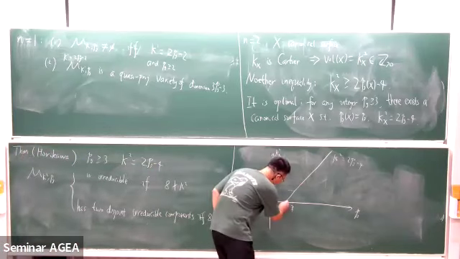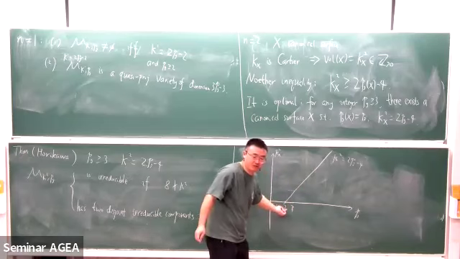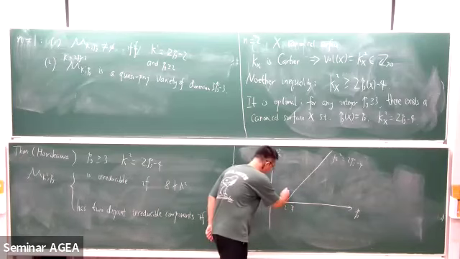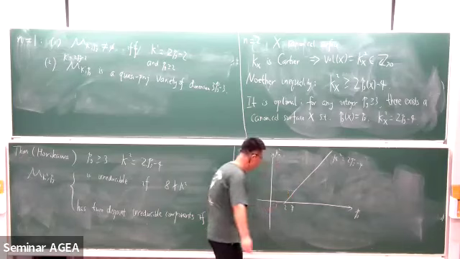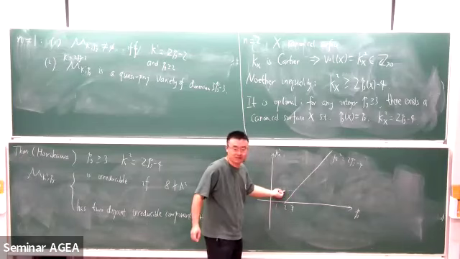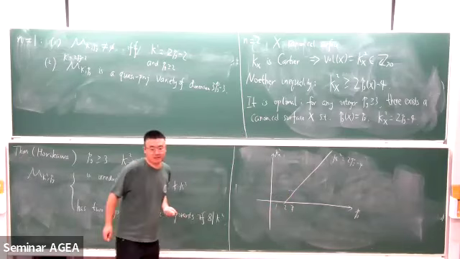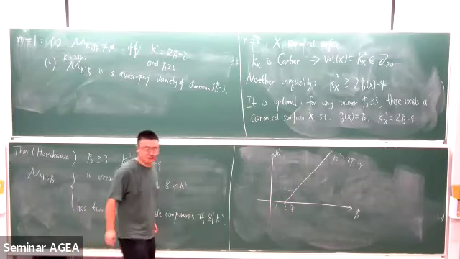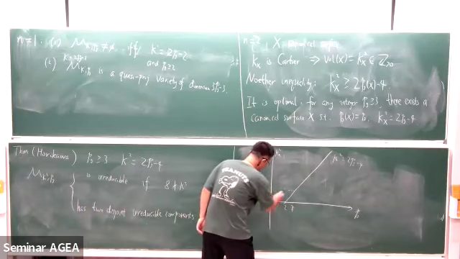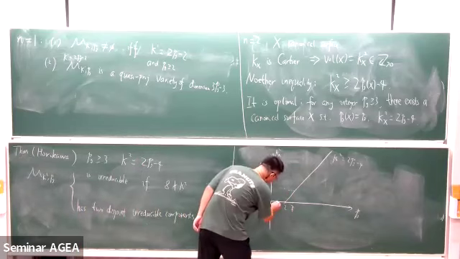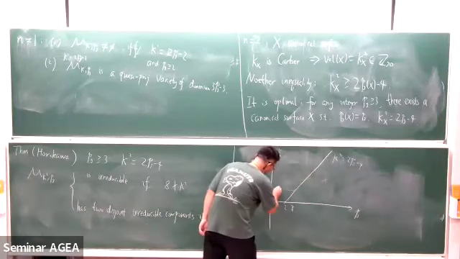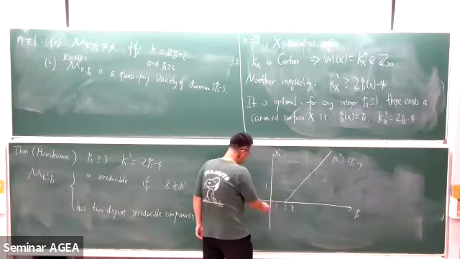So how about the case when the geometric genus is 2? We know that the lower bound is at least 1 because the canonical volume is an integer. And when the geometric genus is 1, the lower bound is also 1.